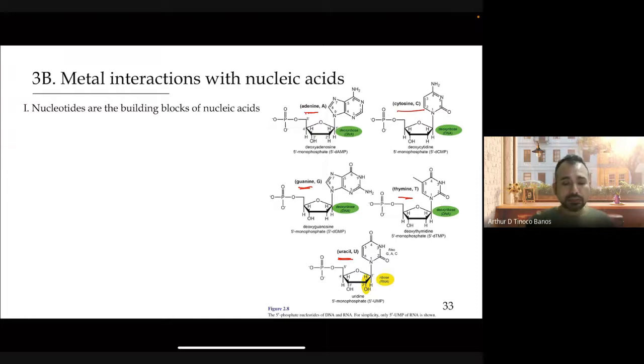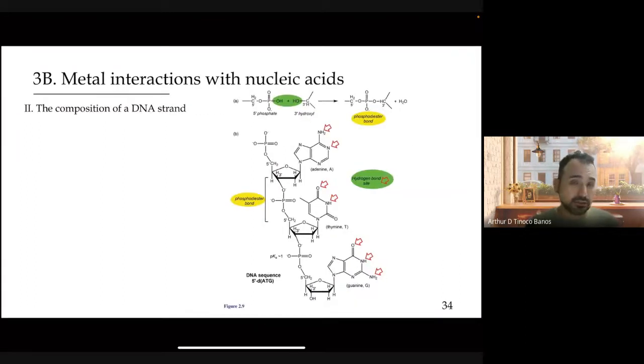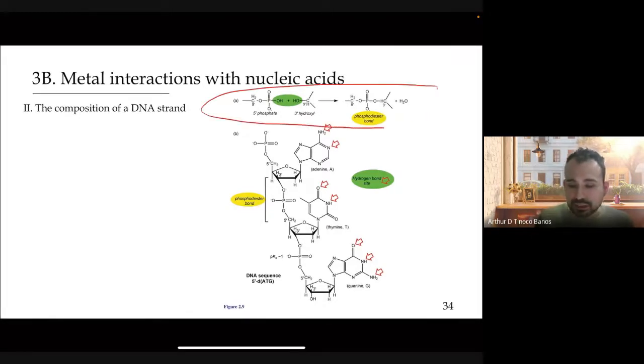Well, let's look at the composition of a DNA strand, right? How do we go from the nucleotides to this polymer of nucleotides? Well, what's going to be very important is this chemistry here, the formation of a phosphodiester bond. Okay? So when we're looking at a DNA strand, we're going to read it from the 5' to the 3' end. What do I mean by the 5' end?